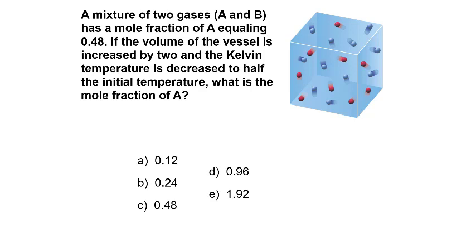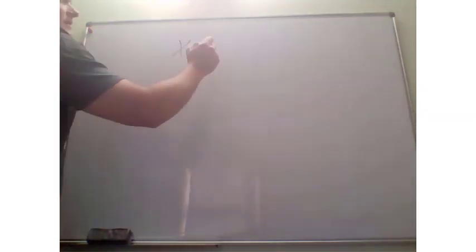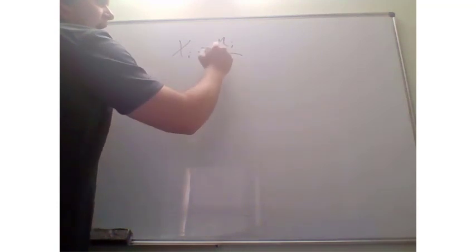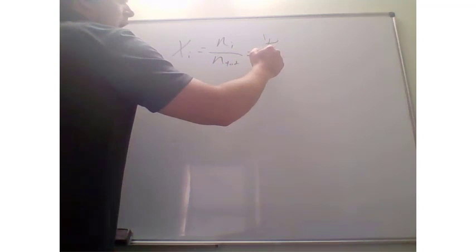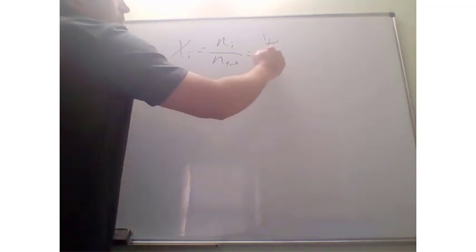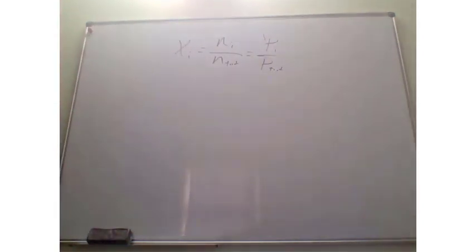Okay, so we're talking about the mole fraction. We know the mole fraction of an individual compound is either equal to the number of moles of that compound over number of moles total, or the partial pressure of an individual compound over P total. So is there anything in this equation that has anything to do with our temperature or our volume?